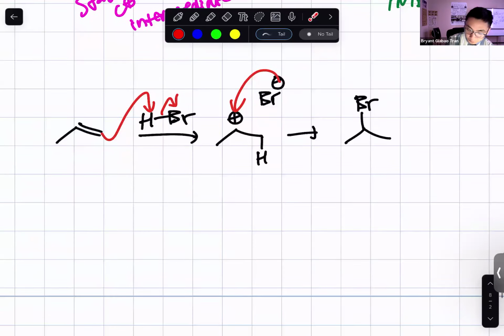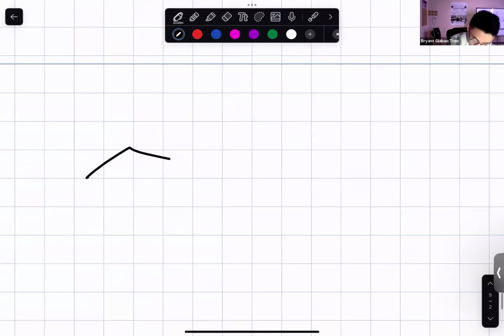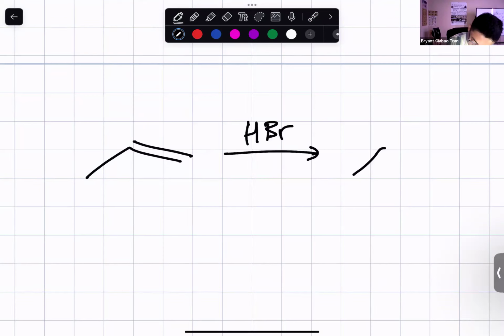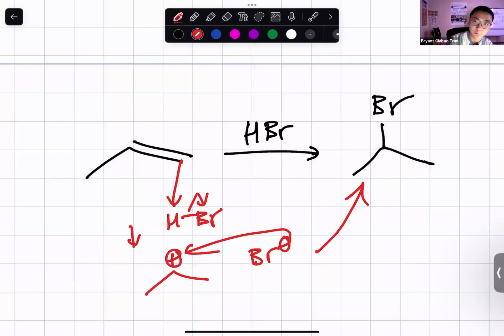But if the problem is asking you to draw the mechanism for this reaction, where she does give you the reactant, the reagent, and the product, then your answer would be this right here. But you would have to draw out all the arrows and draw out all of the intermediates that lead to that product right there. So it just depends on what your problem is, what the question is.